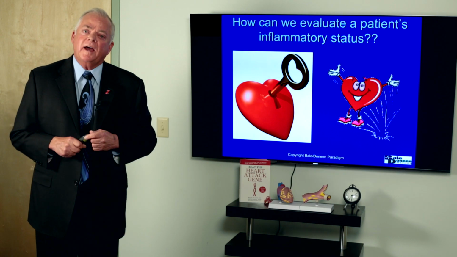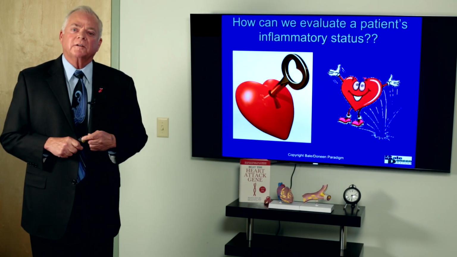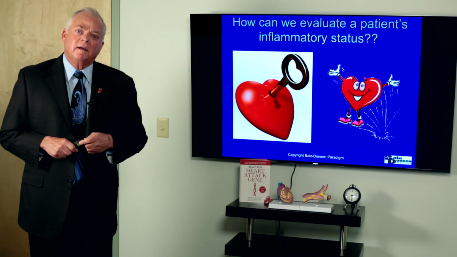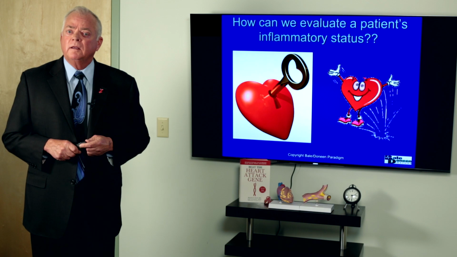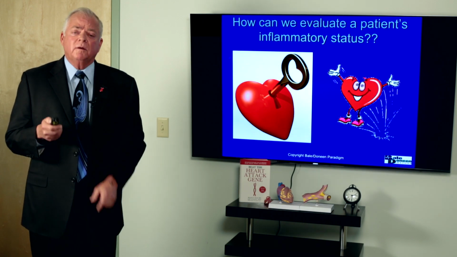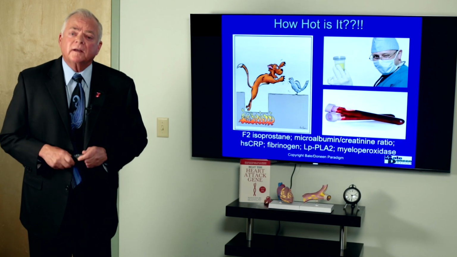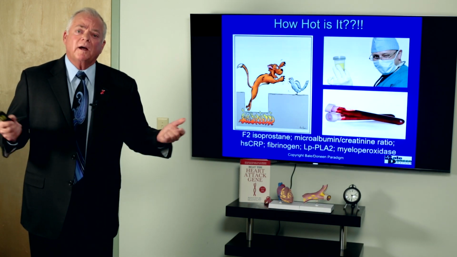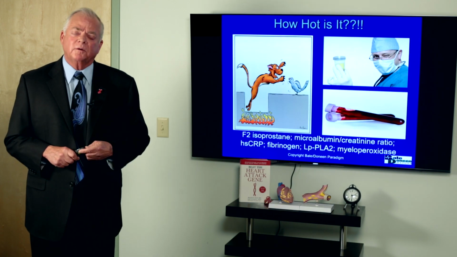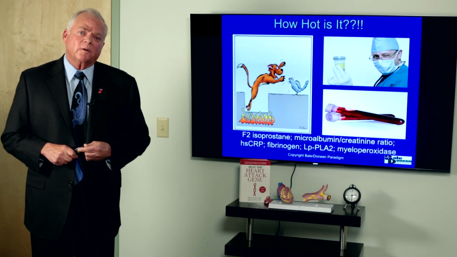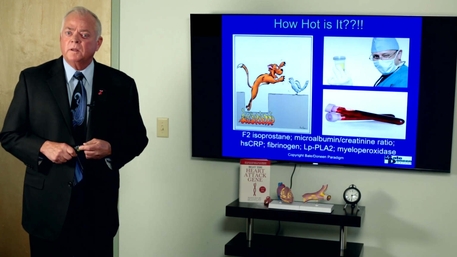We obviously have to have excellent, simple, inexpensive biomarkers we can rely on that will tell us if the artery's on fire or not. The great news is we have those. We have 2 urine tests. One, F2 isoprostane, tells us how rusty you are, how oxidized you are. Oxidation creates inflammation. Also says how fast you're aging.